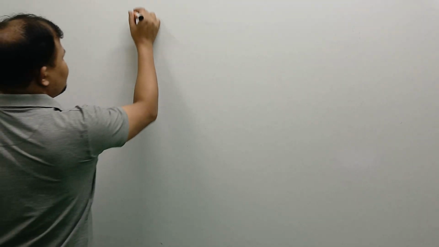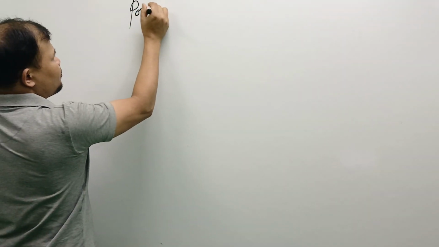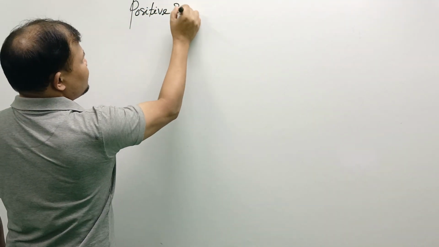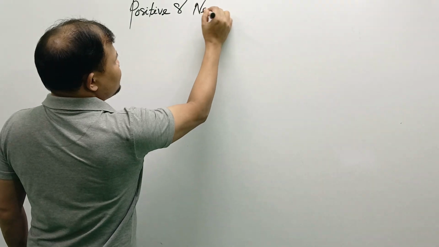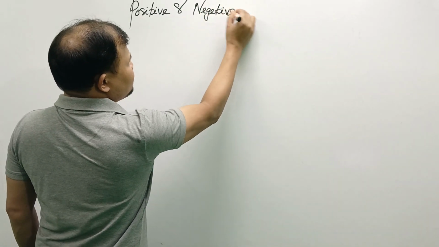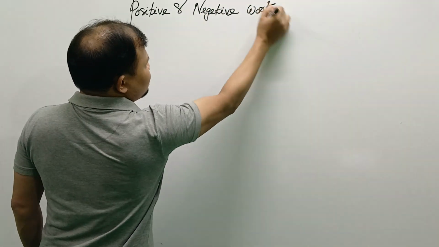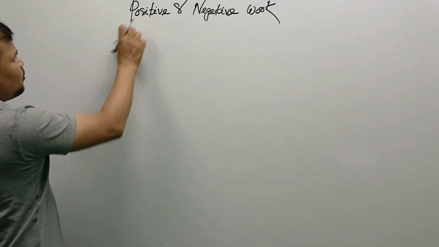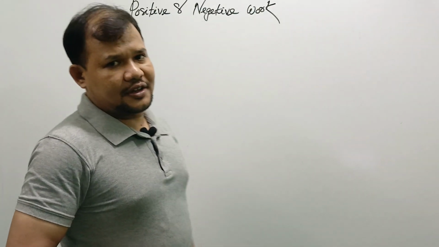Already we discussed zero work. Now today's topics will be positive and negative work. My dear students, when will work done be positive and when will work done be negative?